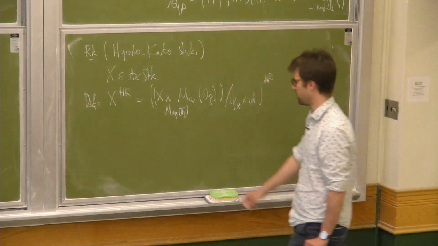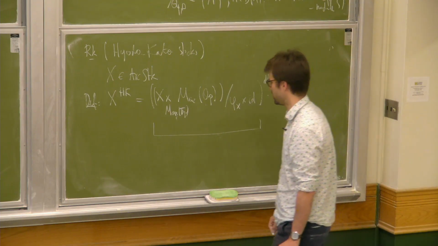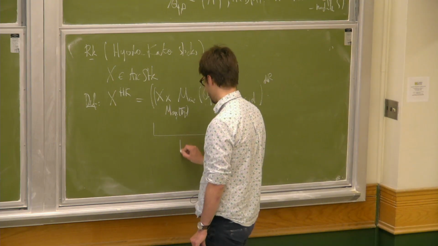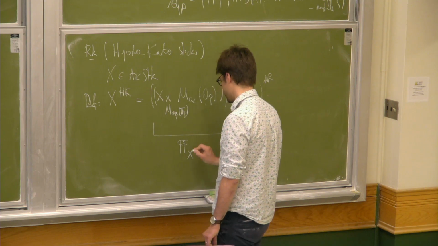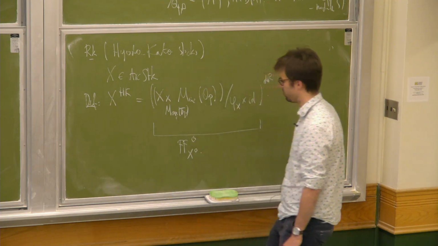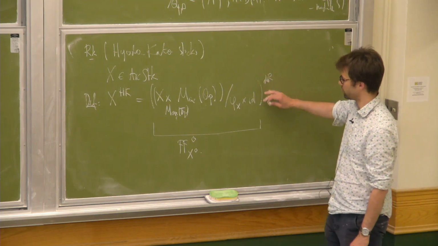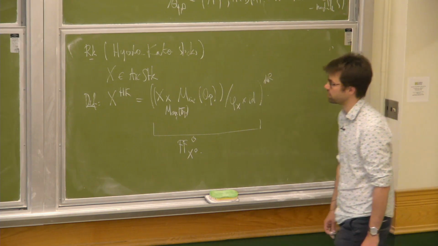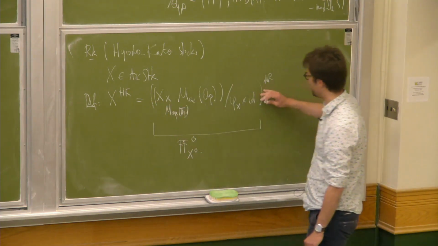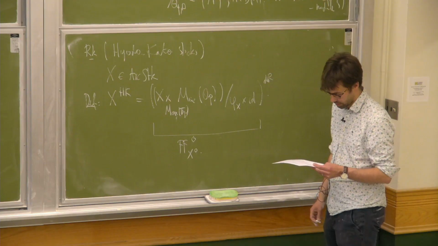And as I will recall on Wednesday, this is basically something called the Fargues-Fontaine curve of X, as a diamond. And so this is a de Rham stack of a relative Fargues-Fontaine curve over X. So sheaves on this stack you imagine as some kind of analytic D-modules on these relative Fargues-Fontaine curves.